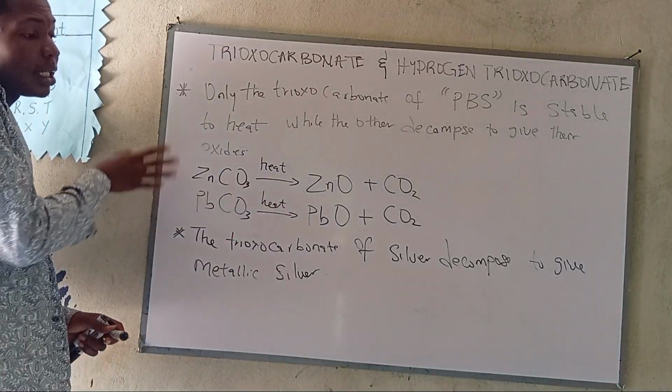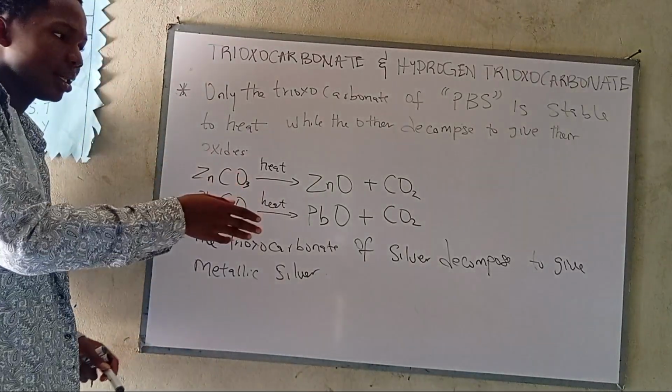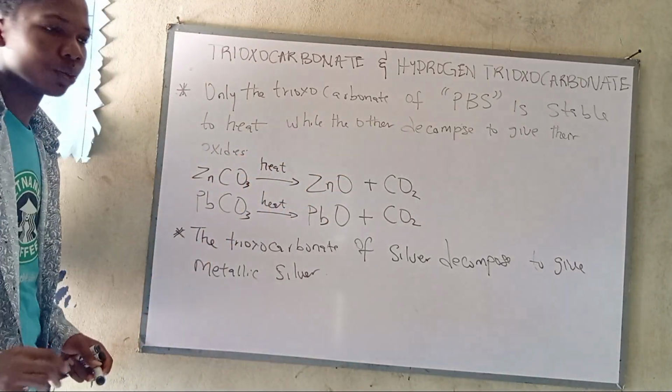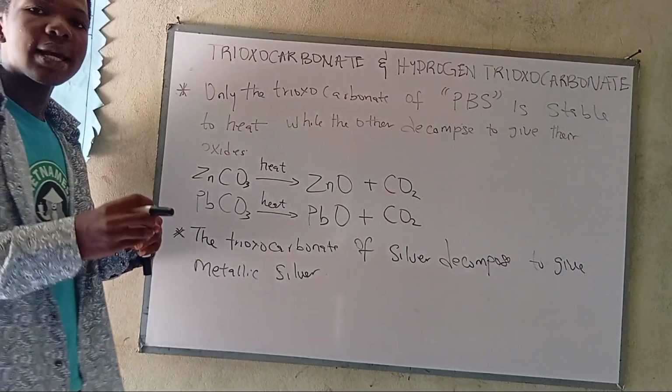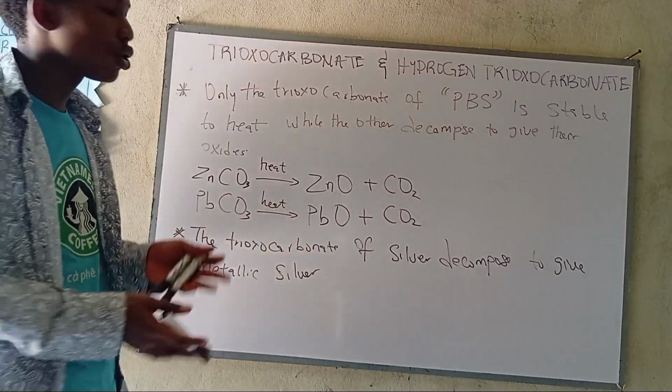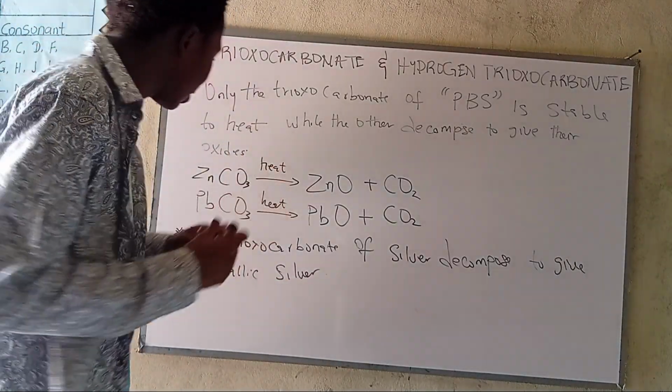If you see zinc and lead, when they decompose, what do they give? Their oxide, and they will liberate CO2. But silver is different. It does not give its oxide. It brings out the metallic silver.